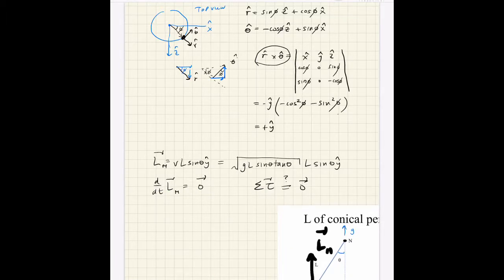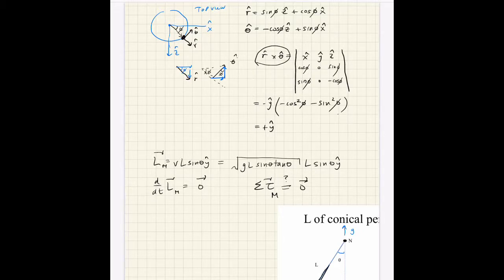Erase some of this, because now I really want to look at a force body diagram to do torques. So I'm going to keep the same axes, M, to be consistent, and I'm going to find the sum of torques now at M and say, does it equal 0? So I'm going to quickly do my force body diagram again.